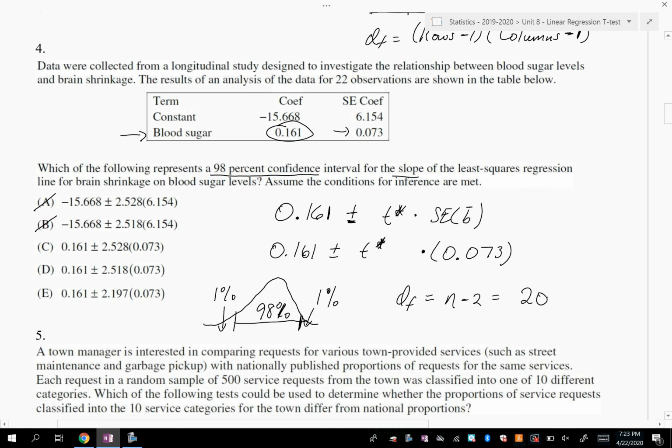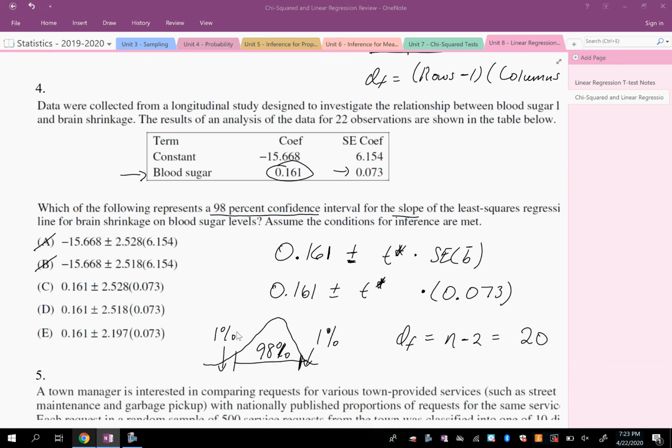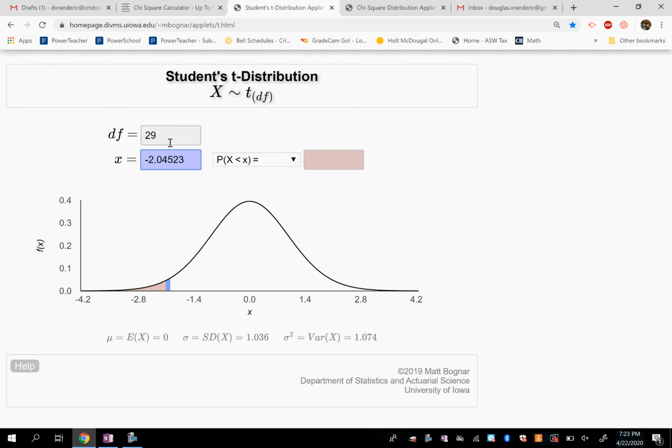All right, so armed with that information, I can go to my link. Again, I'm using the T distribution. So I'm going to go back here, put in my degrees of freedom of 20. I'm going to go ahead and delete that out.